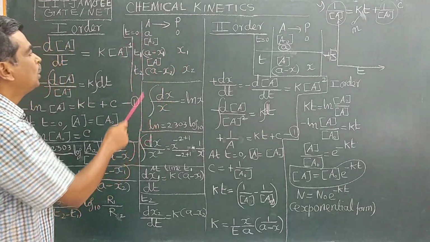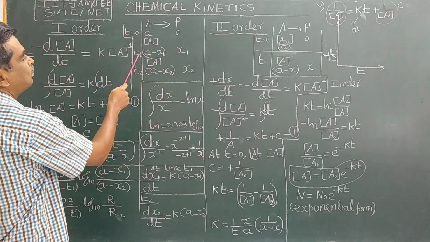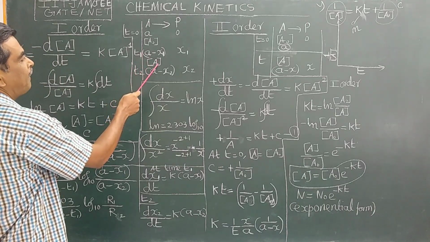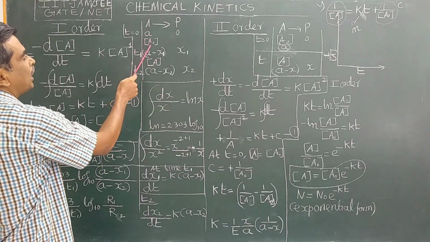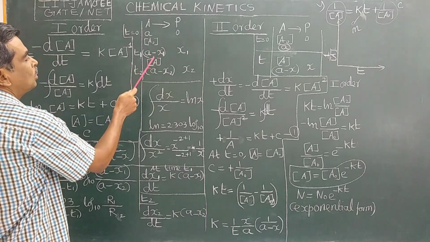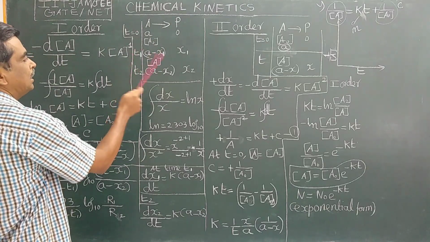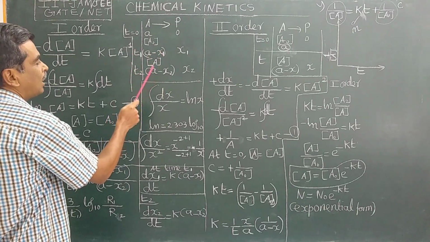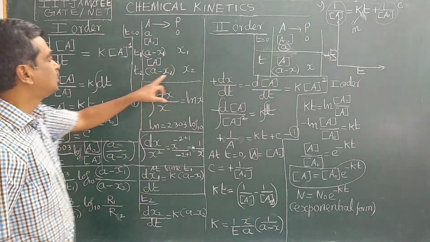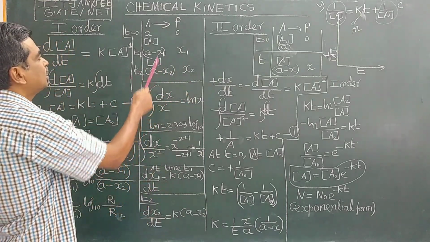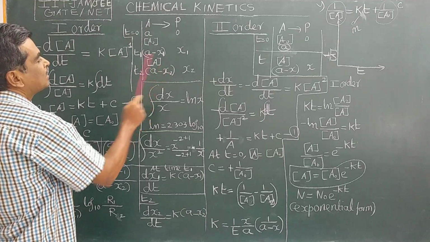At time T, the concentration is called concentration A. This is A equal to A0, and A minus X is the concentration of A at time T. Now at time T2, X2 has reacted, and the concentration of A remaining is A minus X2.